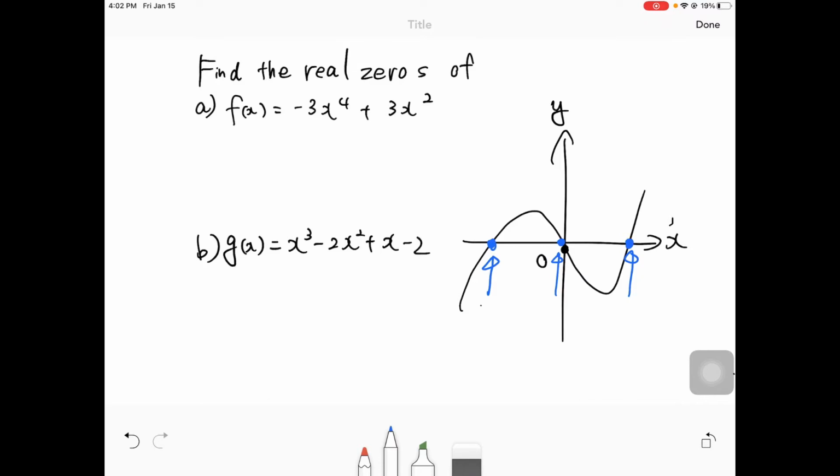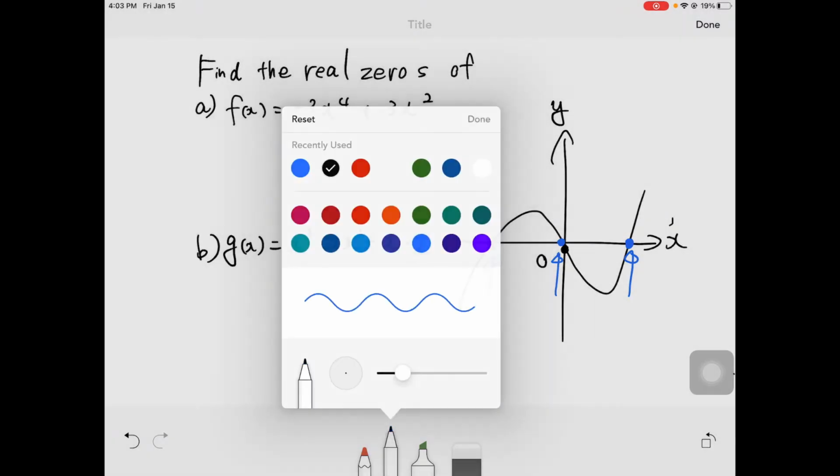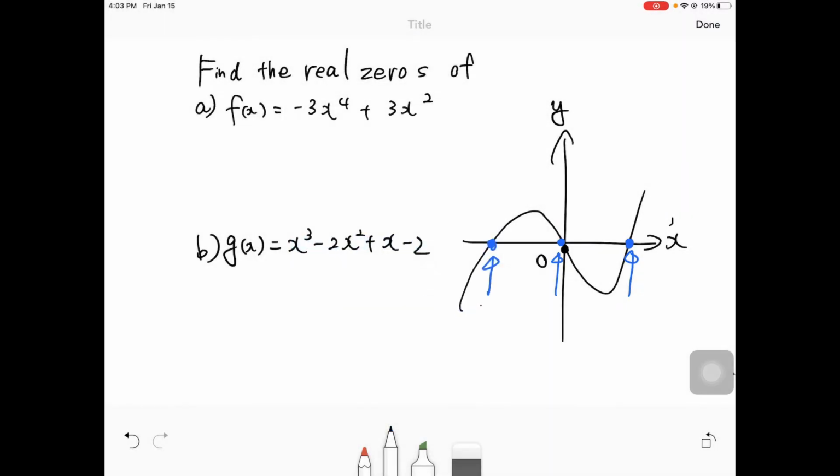If you focus on these blue points, you will notice that they have something in common. The y values of all blue points are 0. So you can plug in 0 into y.